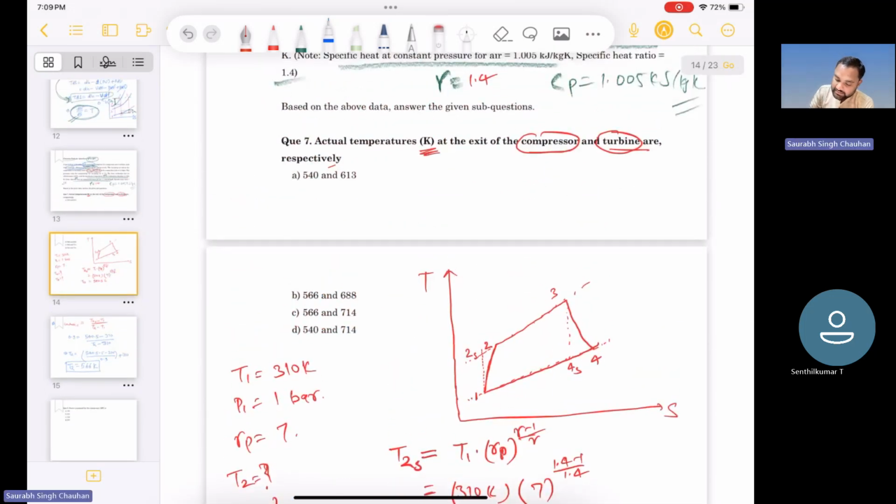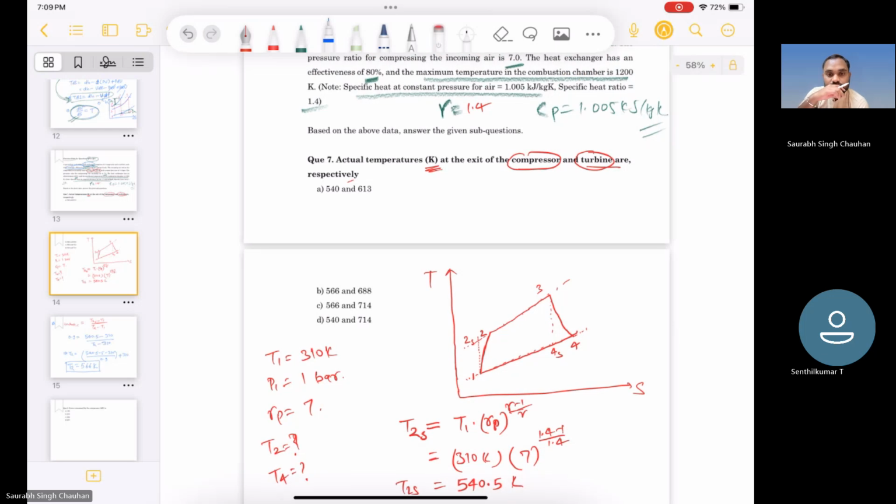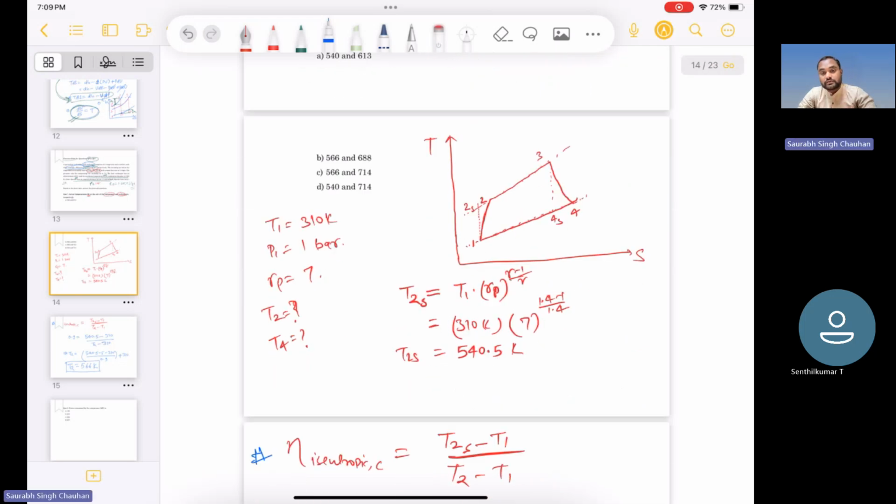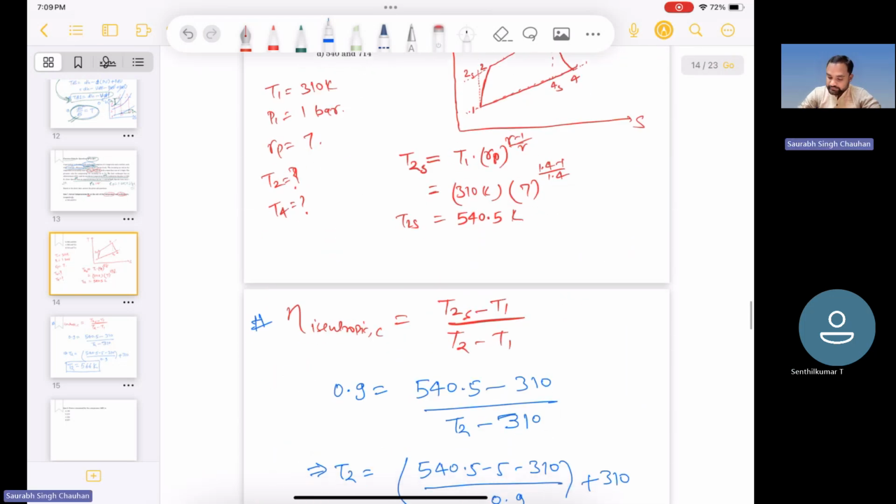What else do we need? We need the temperature at the turbine exit. Any doubt? No, sir. Okay.